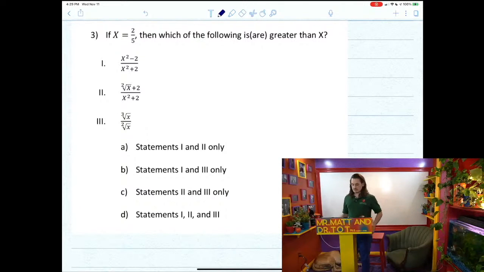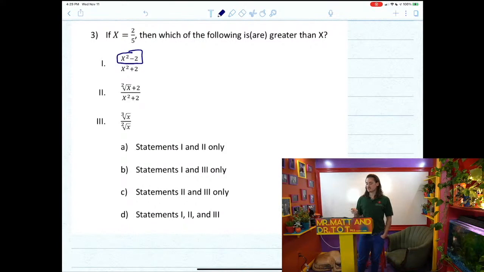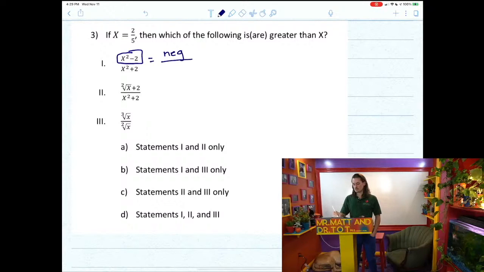Okay, so if we think about these statements, for statement 1, x squared minus 2, normally squaring is going to increase a value, but this value is in between 0 and 1, so it's actually going to decrease. 2/5 is already smaller than 1, so when we decrease it by squaring it and then subtract away 2, this is going to turn into a negative value, whereas the denominator is going to remain positive because it's a number in between 0 and 1 plus 2.